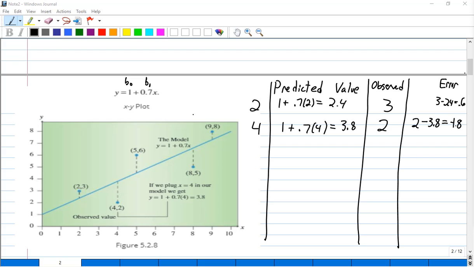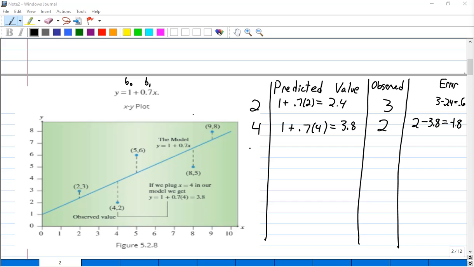If the homework asks you to find the error, this is how you find it. There's a lot of other stuff that we can get from this, but if it asks you for the error, there's a certain name we can call the total error, and I'm going to show you how to do that.